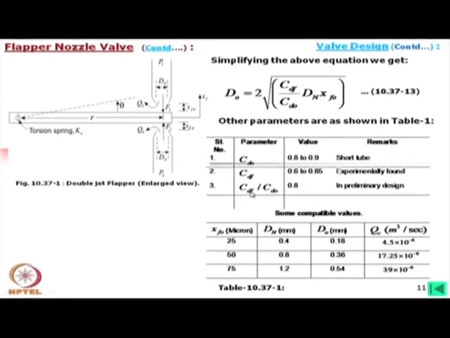And whereas this is 0.6 to 0.85, that is, if we consider the coefficient of discharge here, this is 0.6 to 0.85.